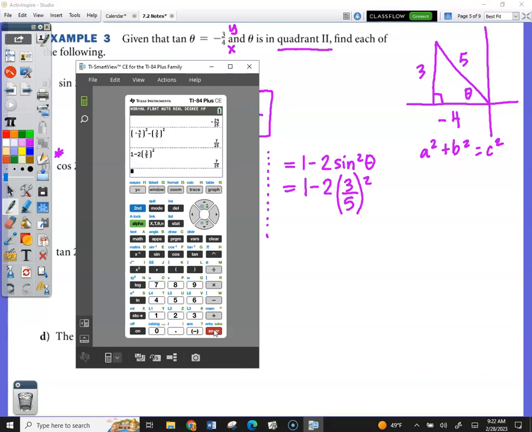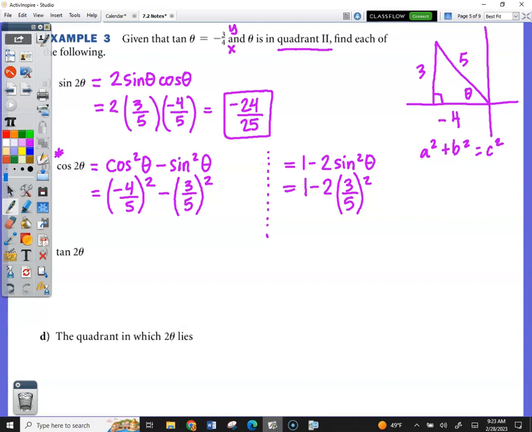No, because we're not evaluating trig functions. I did all the parentheses. All right, look at this. So what was it? 7 over 25? This was just to prove to you that it's the same thing. I'm going to put a check there. Doesn't matter which one you use, you should get the same answer.